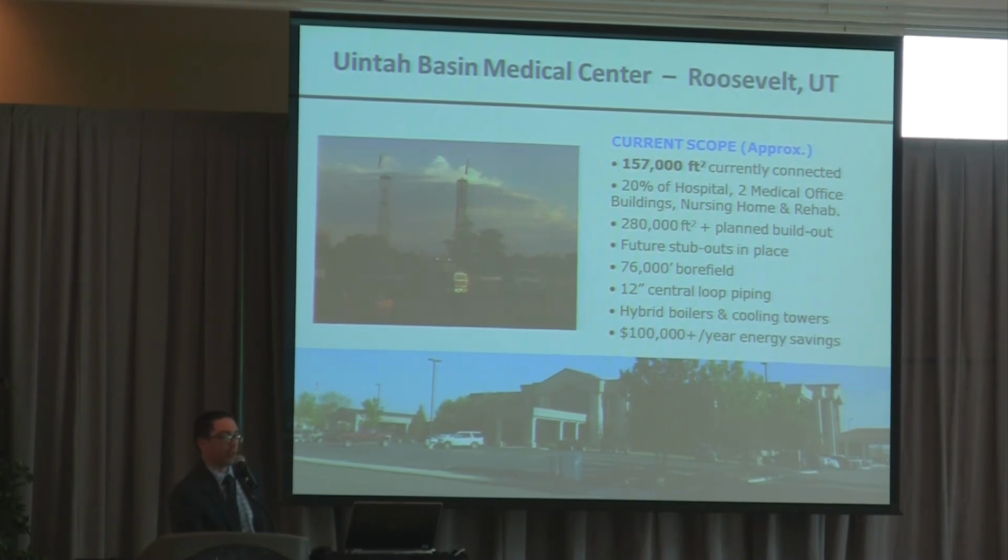The community system has been master planned and implemented step by step since that time. A nursing home, intensive care rehab facility, and then the main hospital building have now been connected, and it's about 20% done. They're going through a wing by wing retrofit to use heat pumps and connect to this district energy system.